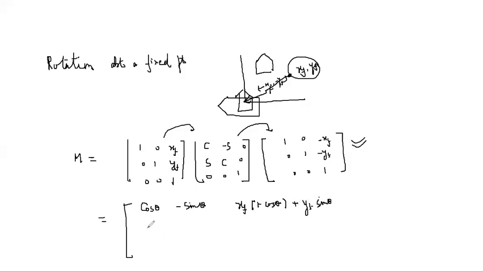In the second row you will get sin theta, cos theta, and yf times (1 minus cos theta) minus xf sin theta.